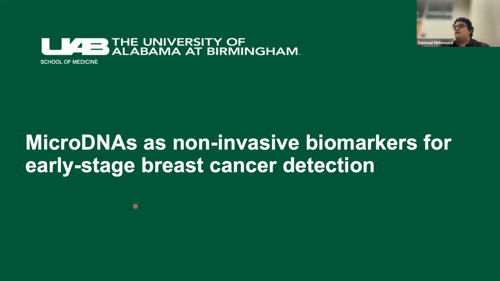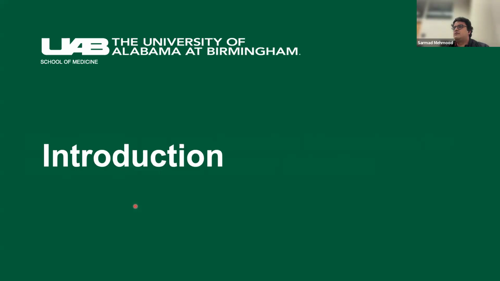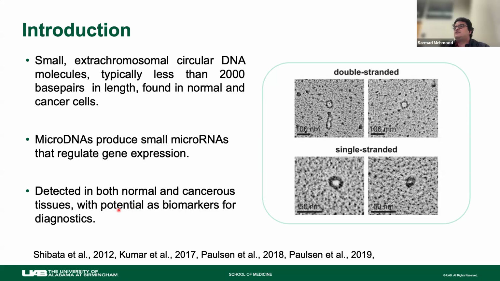So in the next part of my talk, I will talk about microDNAs and how we think that we can use them as biomarkers for early stage breast cancer detection. These microDNAs are typically less than 2000 base pairs in length.